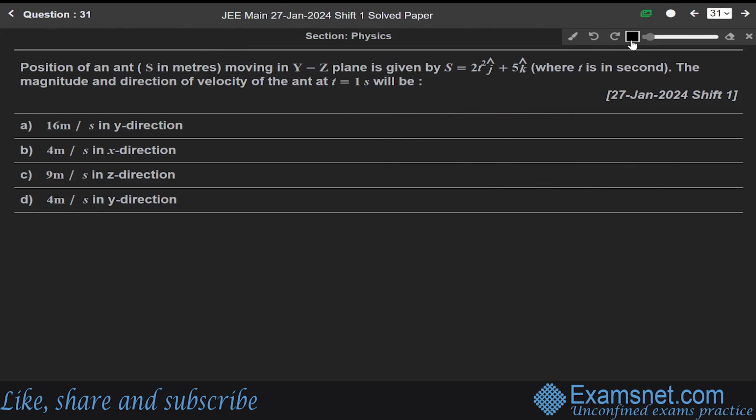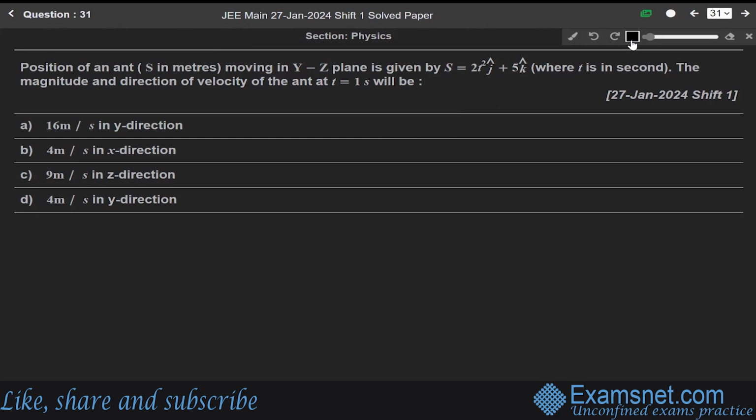Here we go. The first question, that is question number 31. This question says that the position of an ant S in meters, moving in the YZ plane, is given by S equals 2t square j cap plus 5k cap, where t is in seconds. The magnitude and direction of velocity of the ant at t equals 1 second will be.